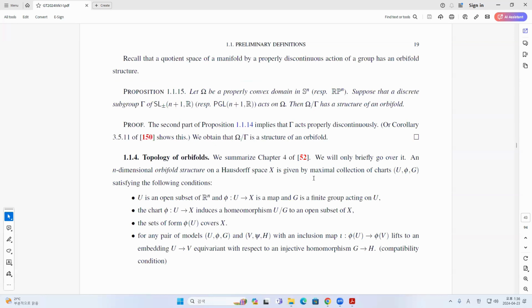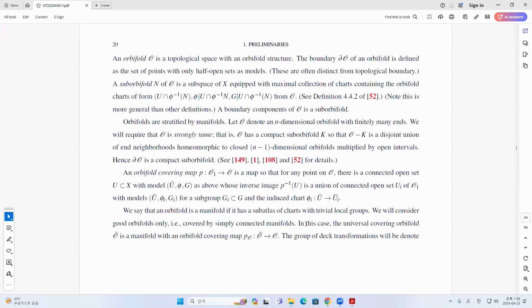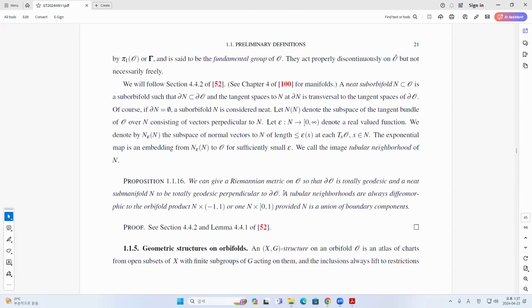And we'll also talk about the topology of orbifolds. We study orbifolds, so I will not talk about that. And for the sub-orbifold there is some mistake here, so you need to use phi inverse here to get this right, where phi is a chart. Please read about orbifold coverings and so on.